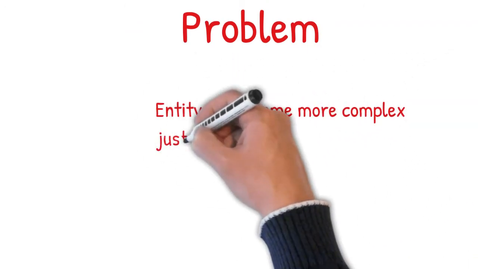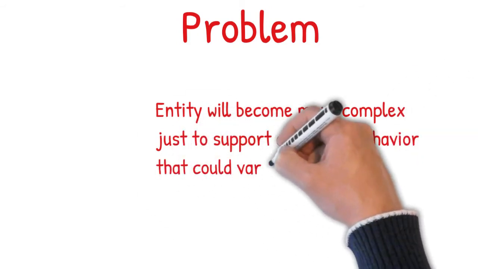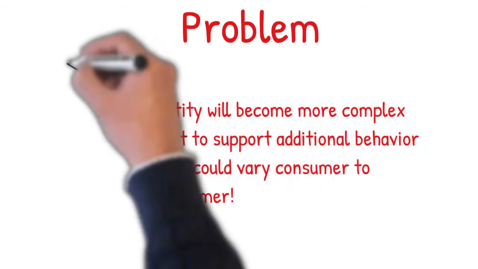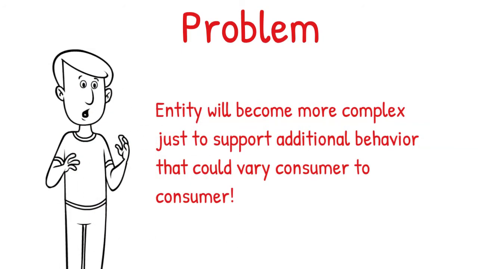Well, to summarize the problem, an entity will become more and more complex if we keep adding additional behaviors that could vary even customer to customer. For example, private hospitals may want to allow only doctors who can visit the patient, whereas government hospitals may allow doctors as well as medical students to visit patients.